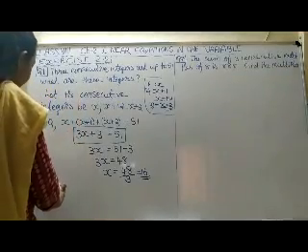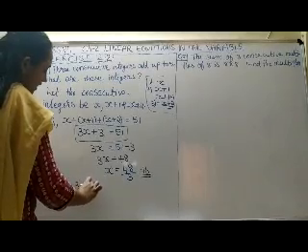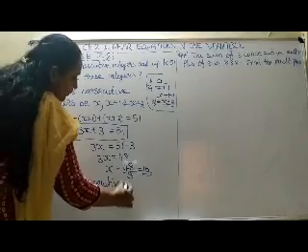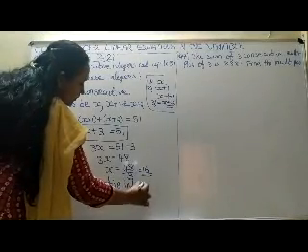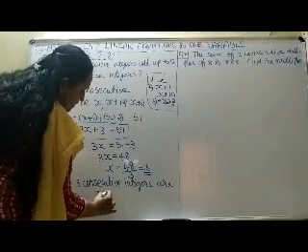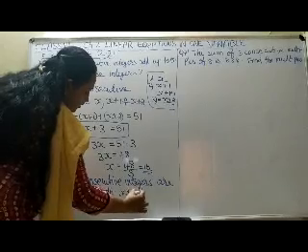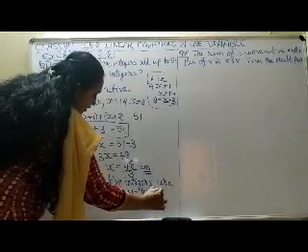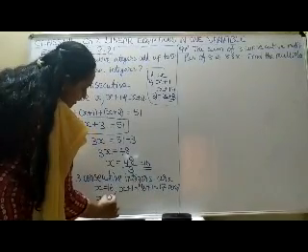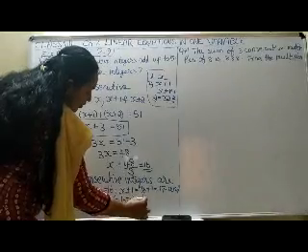Therefore, the three consecutive integers are x equal to 16, and the other one, x plus 1 equal to 16 plus 1 equal to 17, and the third integer x plus 2 equal to 16 plus 2 equal to 18.